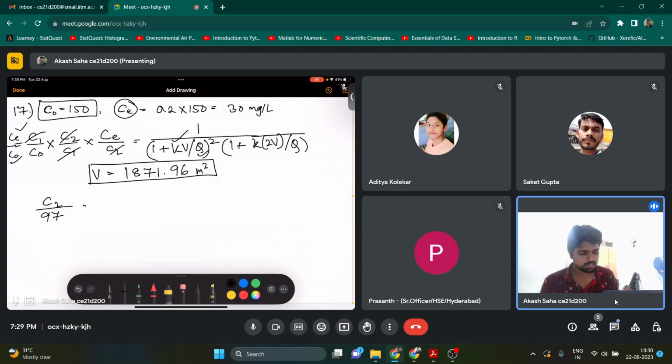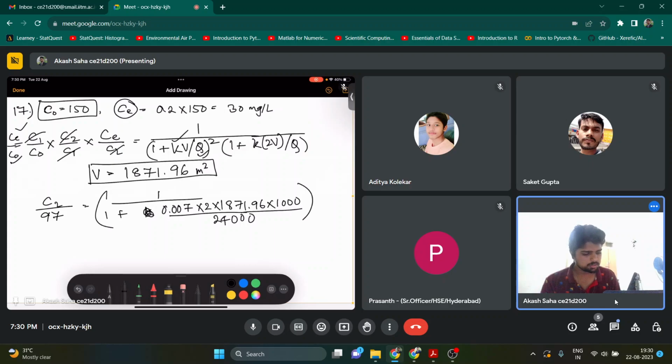C1 was 97, 1 by 1 plus K, or we can write 0.007 into 2 into the volume 1871.96 into 1000, I am changing into liters, divided by Q, that is 24,000. So solve and tell me what is C2 and the efficiency.